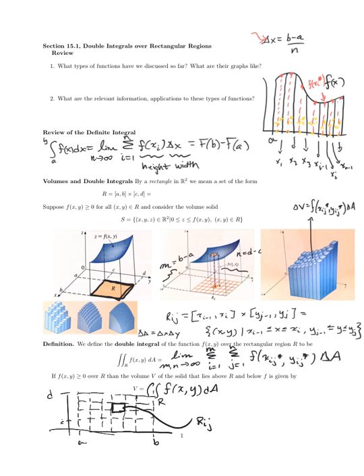And then in this upper right-hand corner, if this is x_i down here, and this is y_j over here, that little ordered pair, as you know, is (x_i, y_j).